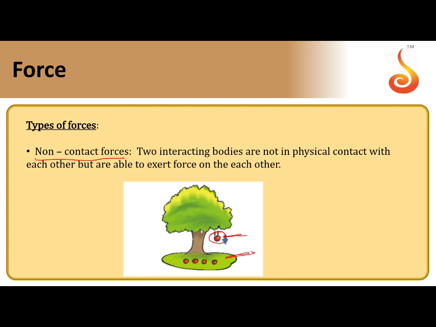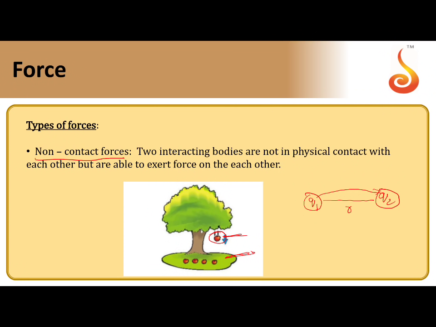Let's say you would have studied about Coulomb's law. According to Coulomb's law, if there are two charges Q1 and Q2, they are separated by some distance. Now, they both experience a force due to the property of charge. Now, this force doesn't happen that the Q1 will come and touch Q2, Q2 will come and touch Q1.